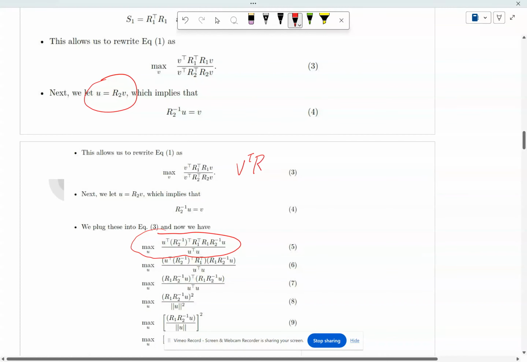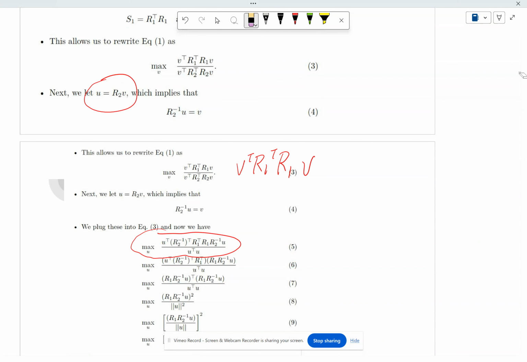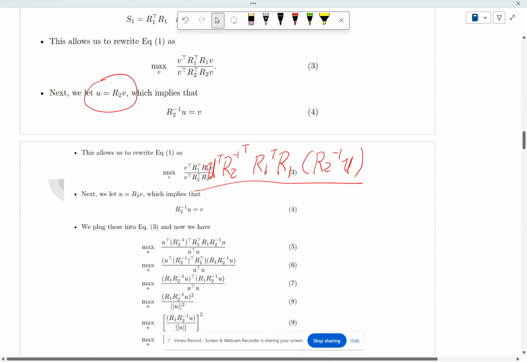V transpose R1 transpose R1 V. V is equal to R2 inverse U, so over here would be U transpose R2 inverse transpose, which I think is identical to what I wrote here.